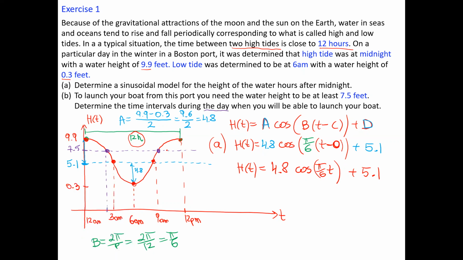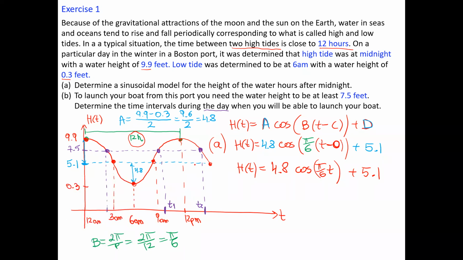It means I will add another curve. That means we will probably be looking for that time. Let me call this time T sub 1 and then T sub 2. We need that time and this time.